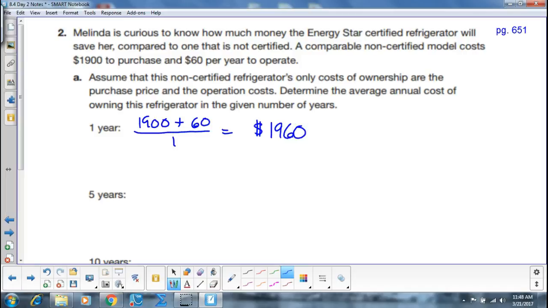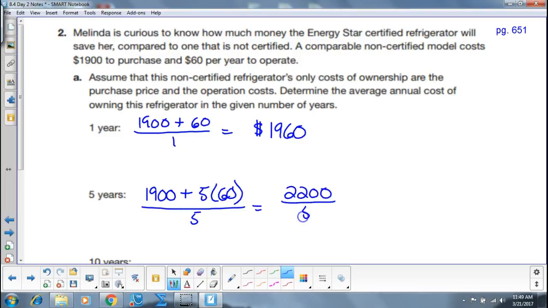So it's cheaper after 1 year to get the non-Energy Star one, right? What about after 5 years? Is it still cheaper after 5 years? Like $6 a year, right? Still cheaper. Okay. What about after 10?